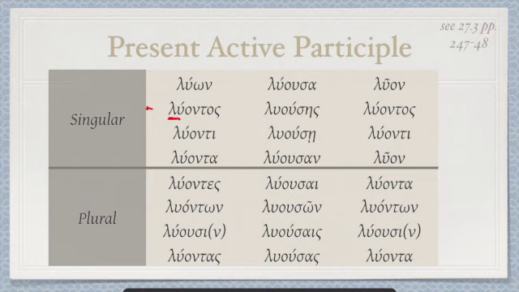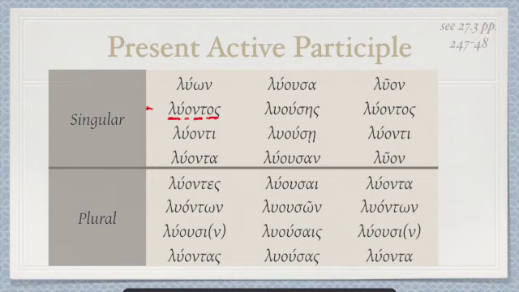But for second aorist verbs, we're going to use that first principal part. Then we're going to have the connecting vowel. And then we're going to have a new tau, which tells me this is the participle morpheme. And then we're going to have our endings. And so our third declensional endings are going to be -ς, -ντος, -ντι, -ντα.